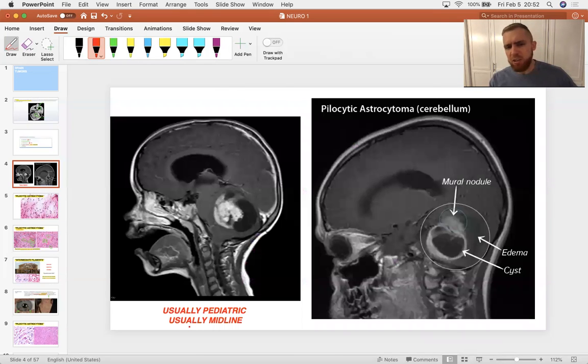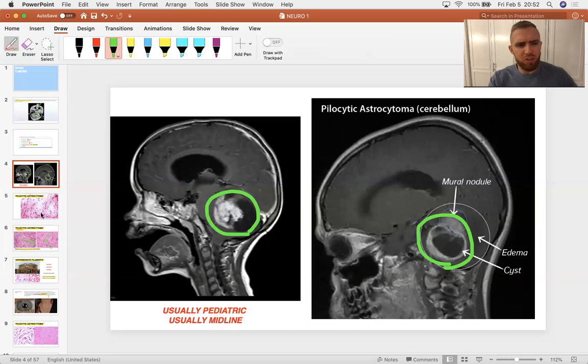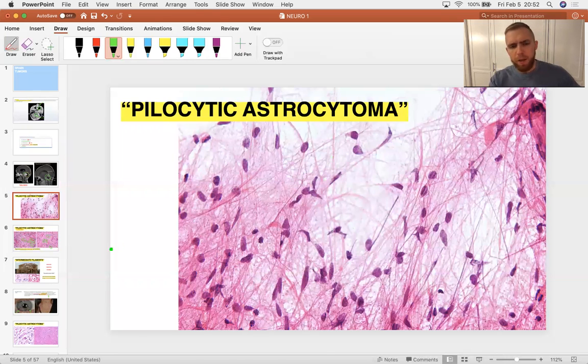Here is a sagittal slice of a pilocytic astrocytoma. Again, notice it's cystic with a hyperdense little nodular, almost a calcification, but largely this is an encapsulated cystic tumor. Here are the neoplastic cells. Notice the hair-like processes.